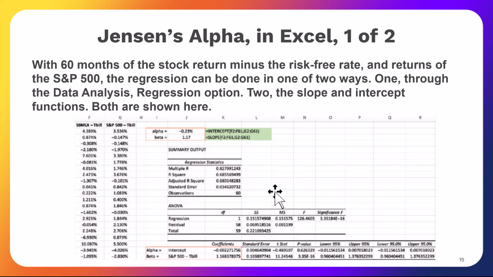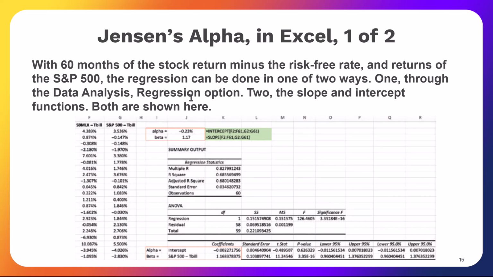The linear regression analysis provides down here, says alpha is negative 0.002, and up here you see it is 0.23%. So those numbers are essentially the same. 1.168 versus 1.17. Of course, they're giving us the same data.